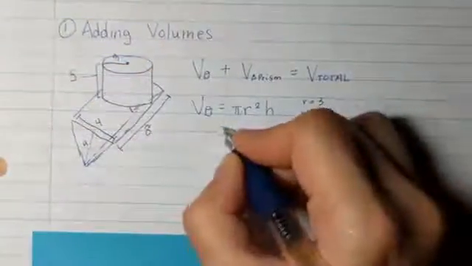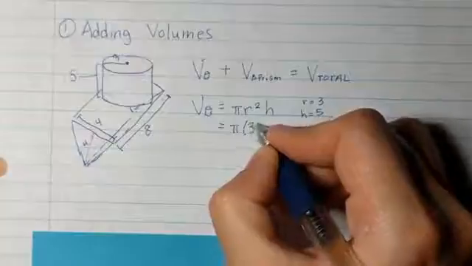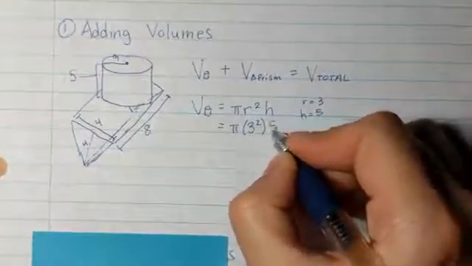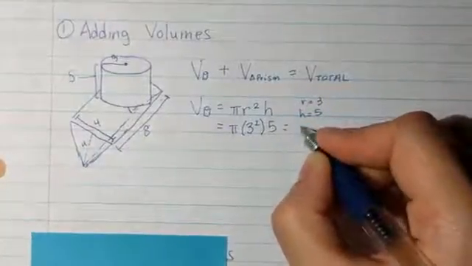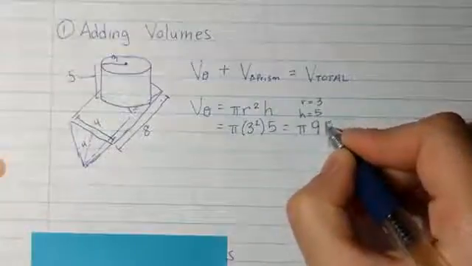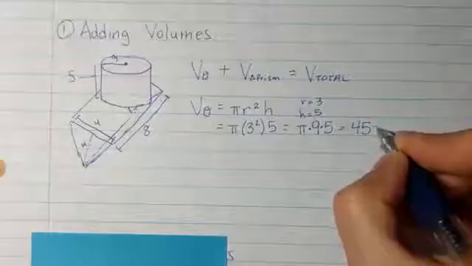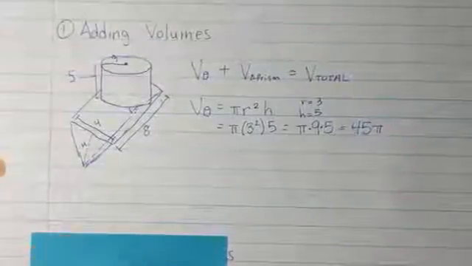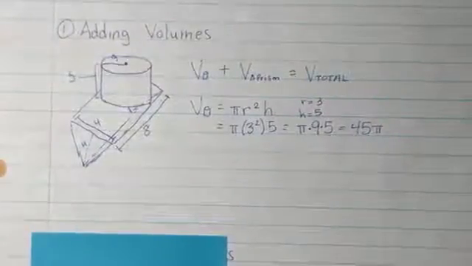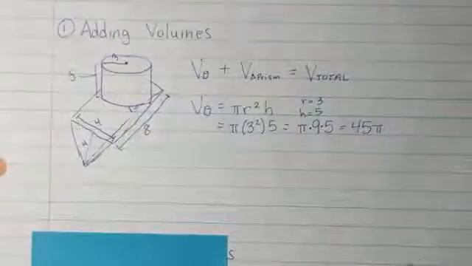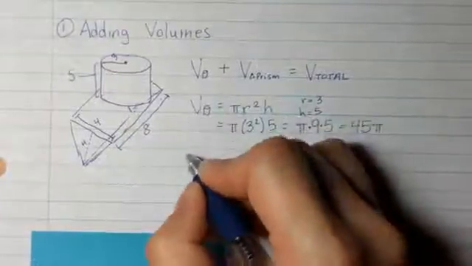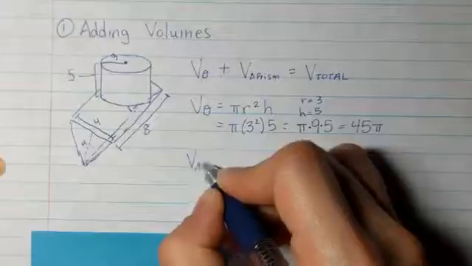So we've got pi times 3 squared times 5, which is pi times 9 times 5, which is 45 pi. For the time being, I'm just going to leave it in pi. Later, when I do my final total, I'll worry about the pi.